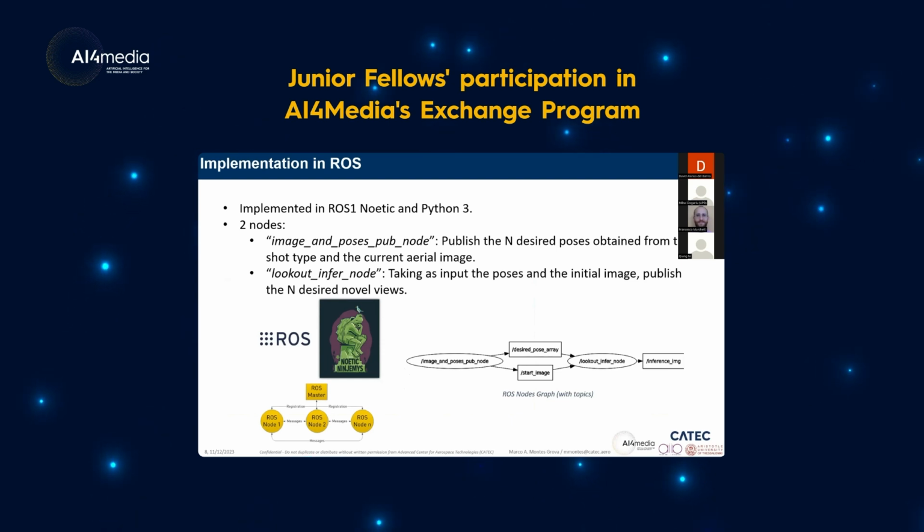The other node is where the inference is made. It's called the lookout infer node, and it takes this image and the poses array as input and publishes the decided novel views.